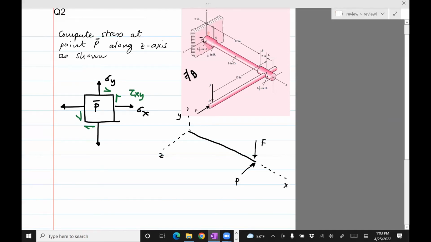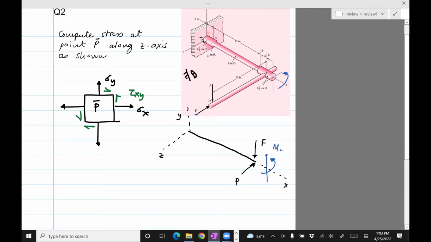The first question is, what are the moments caused by P? We can think that P will cause a moment this way, and so I'll draw that moment like so. If you curl your fingers along this arrow, your thumb will point in the upward direction, so that's going to be the positive y direction.